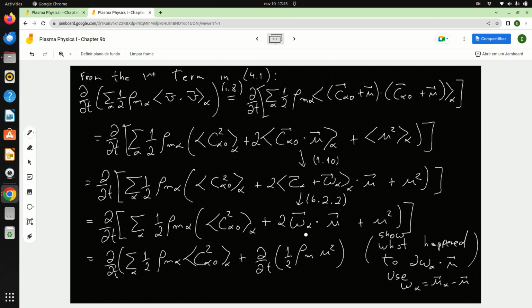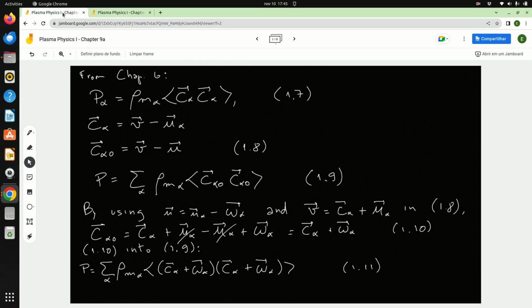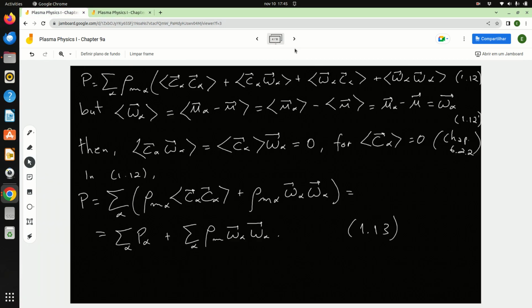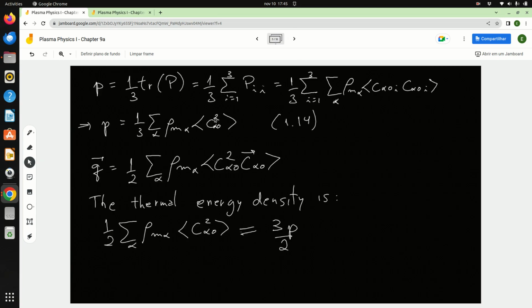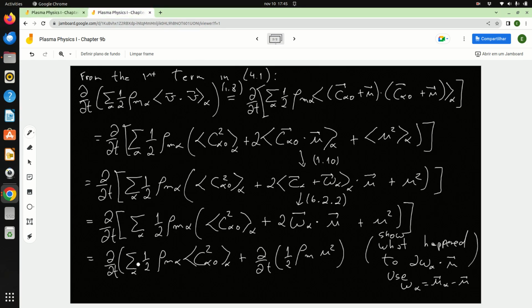Well, then after this, you can use 1.14. Look at 1.14. 1.14 is this, so P is actually written like this. We have derived this in the previous class. So this P, where is P? Oh, okay, you can use this in terms of P. You can write like this: 3 over 2 P, okay?